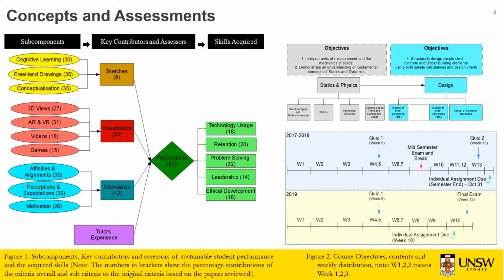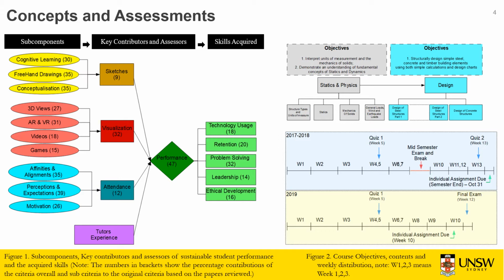Rather, they were shortlisted based on a systematically retrieved literature, where 9 papers focused on sketches, 32 on visualization, and 12 on attendance, making a total of 47 performance-related research papers. However, while studying these papers, we also found out that tutor's experience is not a focus of the current research.